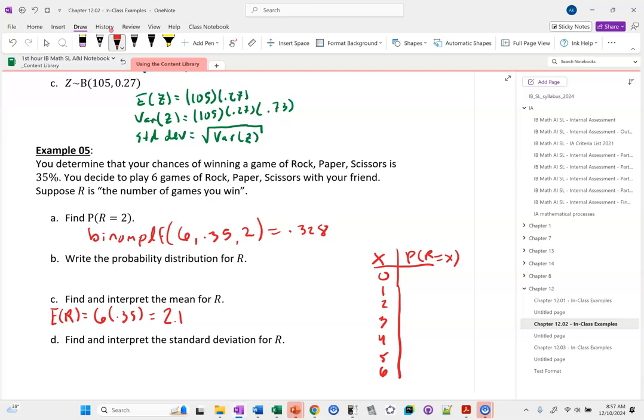What meaning does the expectation equaling 2.1 have in this setting, in the context of the problem? I would expect to have won 2.1 games of rock, paper, scissors against my friend when we play 6 games, right? That's all that's saying. Does that feel okay?